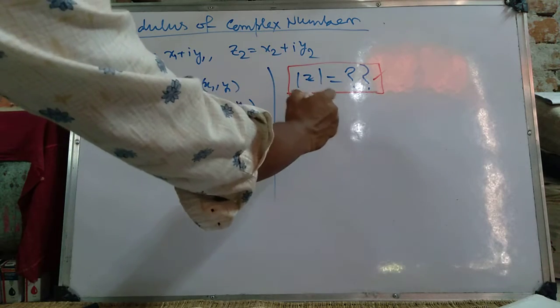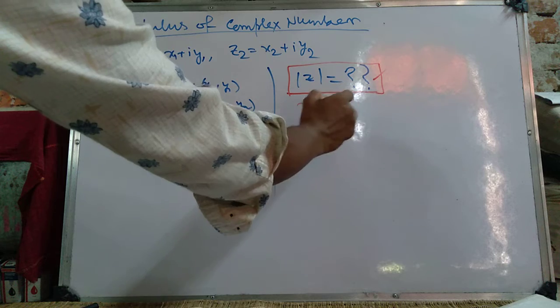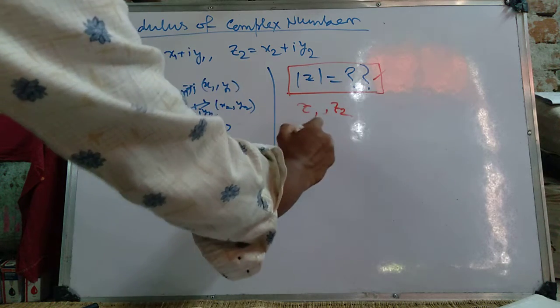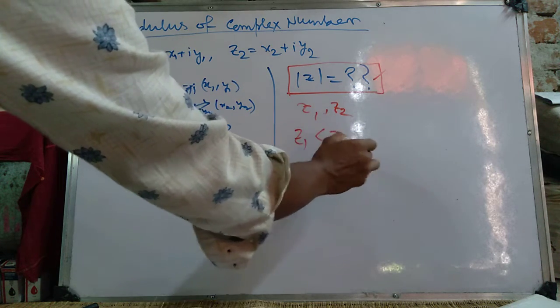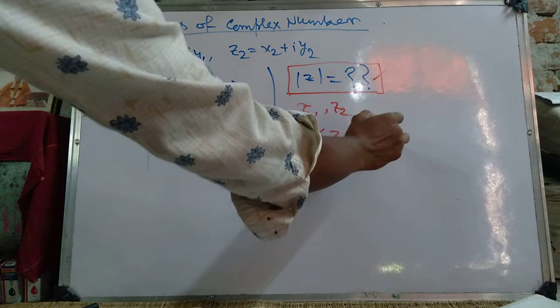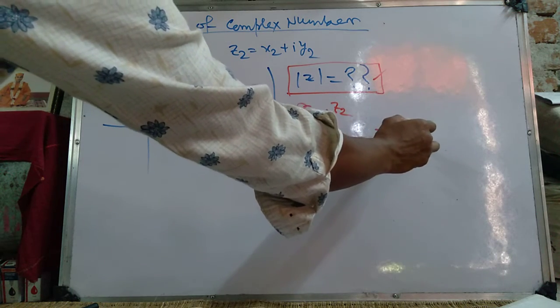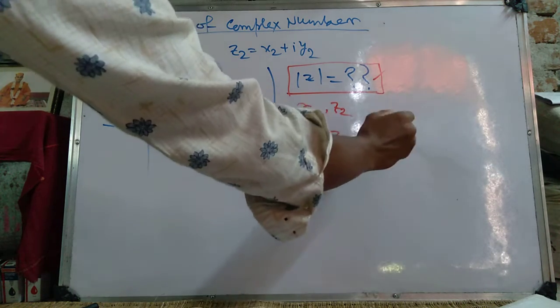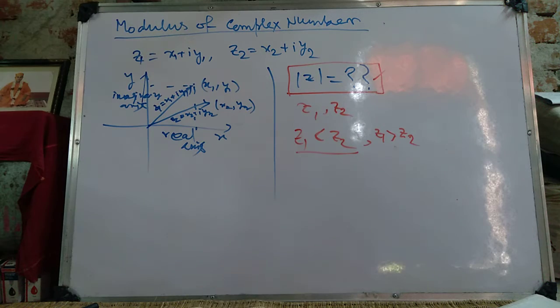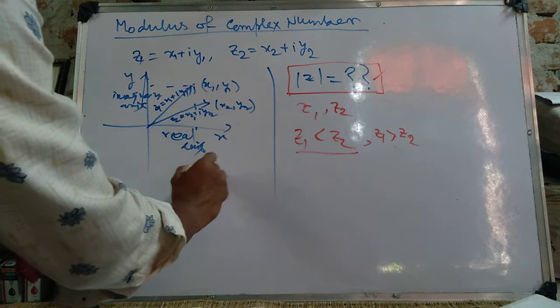Why are we interested in the modulus? Because for two complex numbers z1 and z2, no order relation is found. We cannot say z1 less than z2 or z1 greater than z2. We can only say equal: if the real parts and the imaginary parts are the same, then z1 equals z2 is possible.